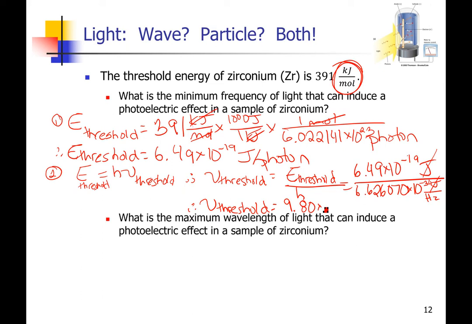So how can those possibly be equivalent? Well, remember what 1 hertz means. 1 hertz is 1 cycle per second, but again, in the IUPAC base units, you don't see the cycle, so therefore, you would also say 1 hertz is equal to 1 second to the minus 1, or 1 inverse second.